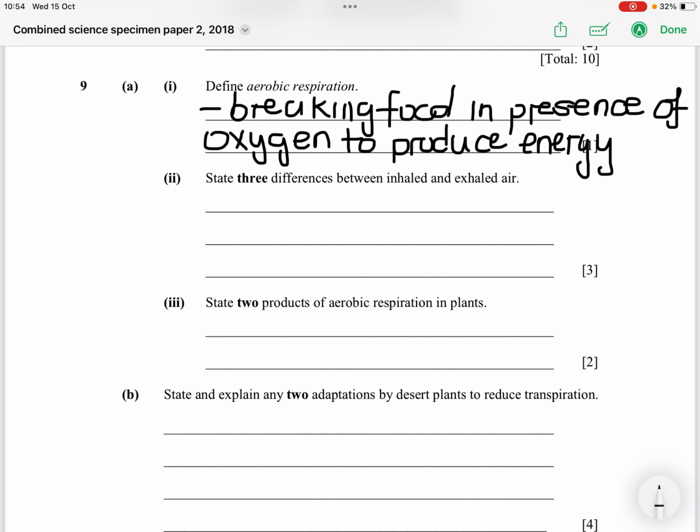state the 3 differences between inhaled and exhaled air. So whenever you are giving the differences, you're supposed to come up with a table like this, right? And then we say this is for inhaled and this one is for exhaled.